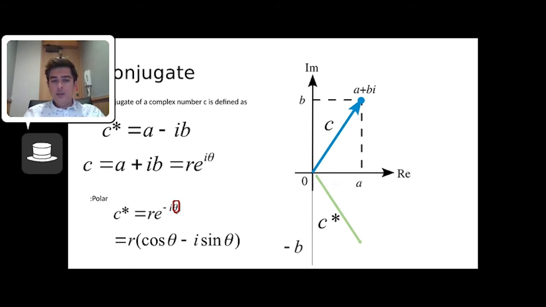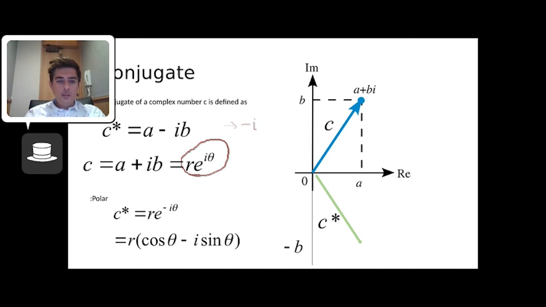Actually it kind of makes sense anyway, because if we say that the act of taking the conjugate is just to replace I with minus I, because our original representation of the complex number can be written like this: r times e to the I theta. Notice this is a positive I here.